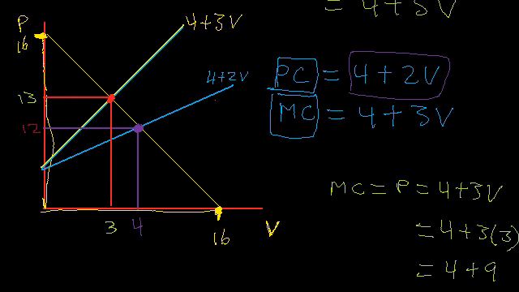Now the only thing left to do is to find the value of the toll, and that is going to be represented by this space right here. This is going to get a little bit messy if I keep using this graph. I might have to draw another one, but I think you'll be able to figure out what's going on. The toll that we're going to need to get to the optimum quantity of traffic, the efficient volume of traffic, considering both private and external costs, is going to be given by this distance right here.